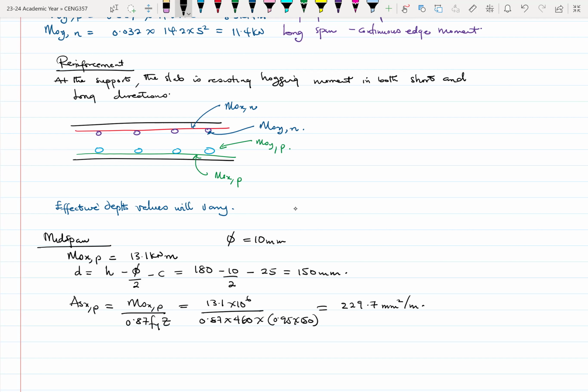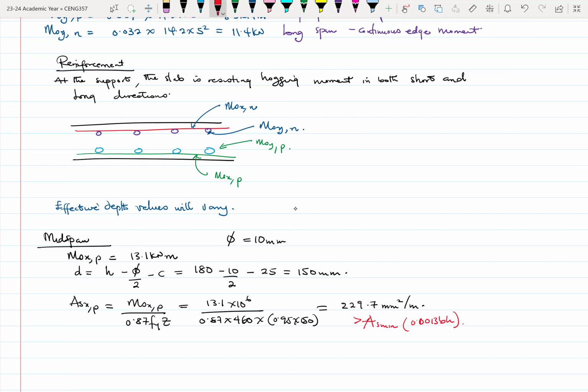And always check if this is more than your AS minimum. Since we are using 460 bar, our AS minimum is 0.0013 bh. All right.